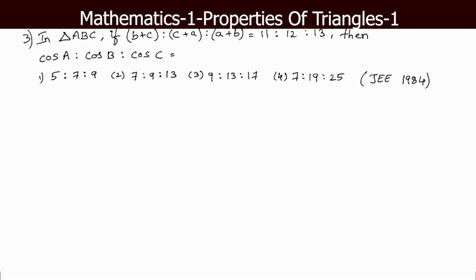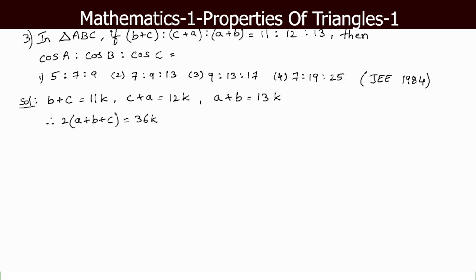So as usual, you take without a constant term, we can take it as that is b plus c is equal to 11, c plus a is equal to 12, and a plus b is equal to 13. Of course, that constant k is there, you need not write. So therefore, 2 into (a plus b plus c) is equal to 36, so that s is equal to 9.